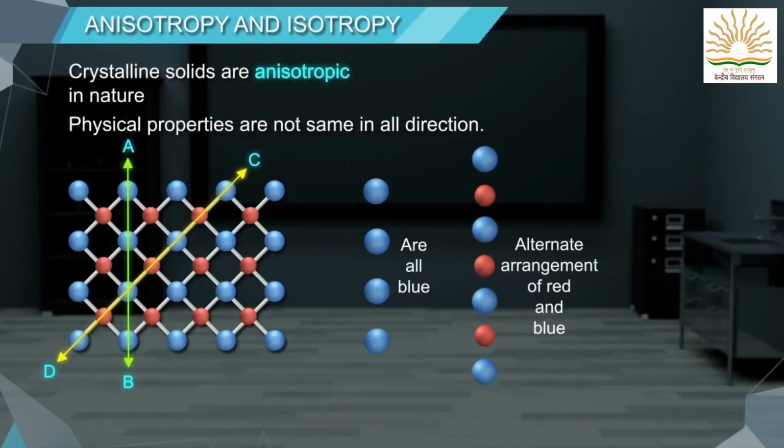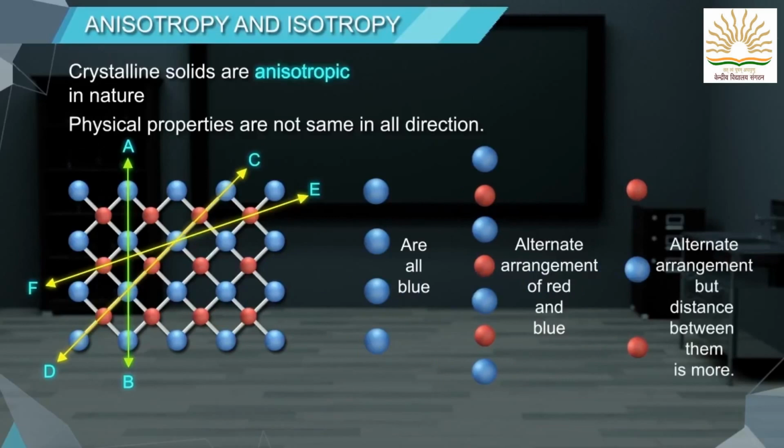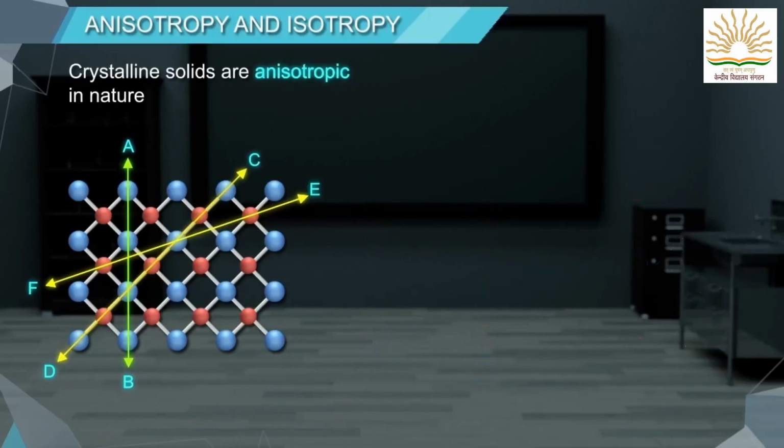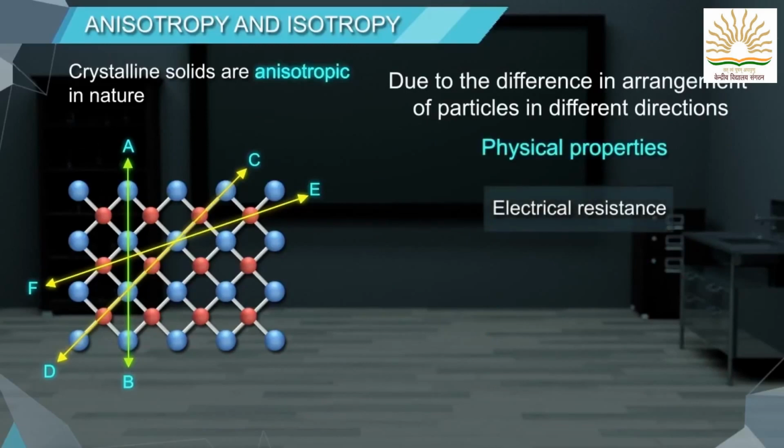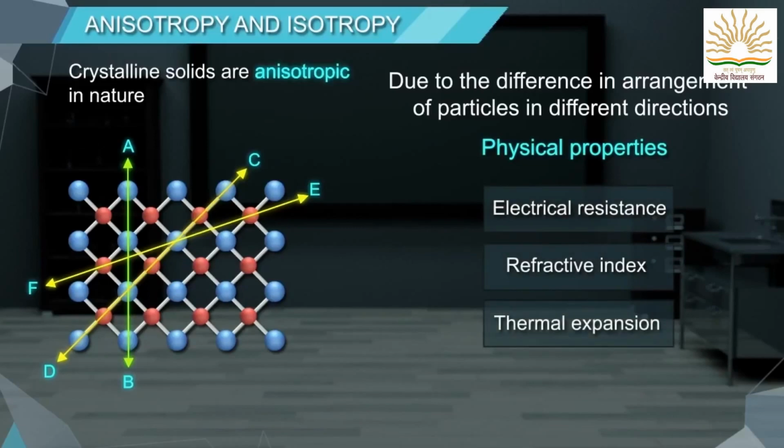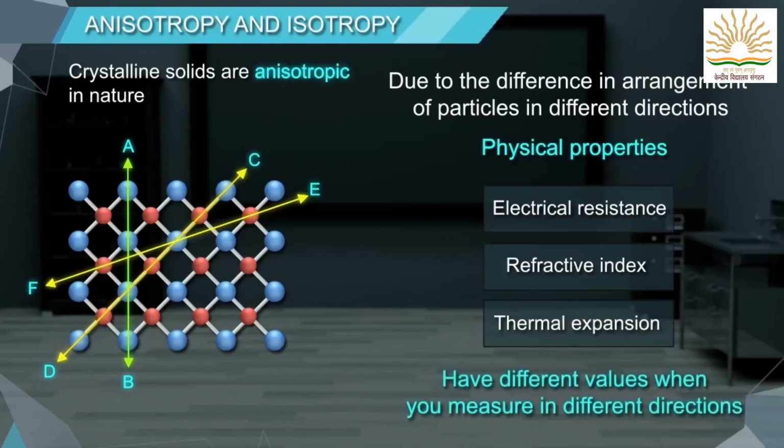Now, if we consider this direction, the arrangement is again alternate, but the distance between them is more. Due to the differences in arrangement of particles in different directions, physical properties such as electrical resistance, refractive index, thermal expansion, etc. have different values when we measure in different directions.